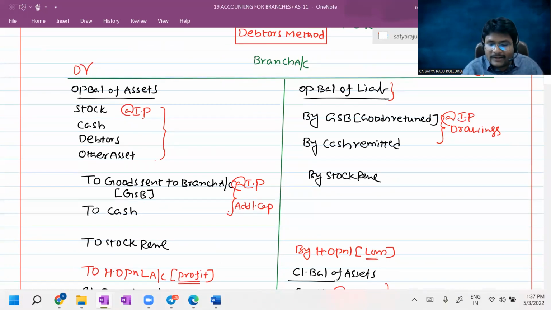Now the net goods sent to the branch includes certain loading, right? The profit included under net goods sent to branch also needs to be removed.